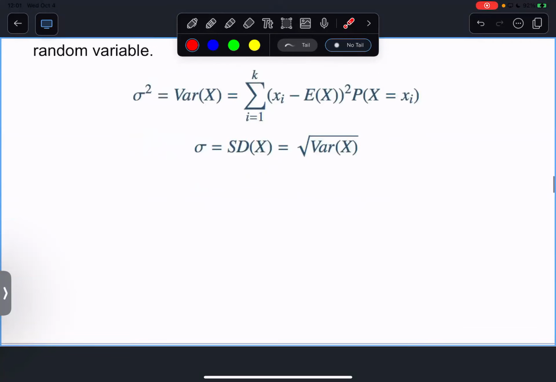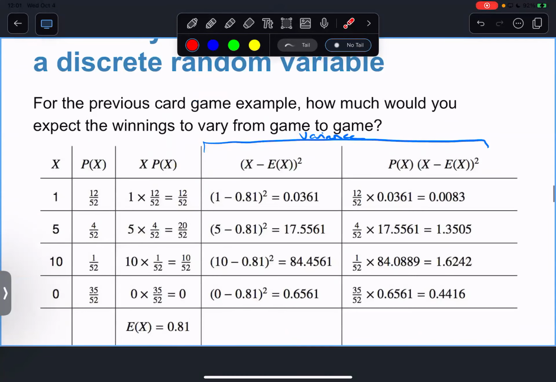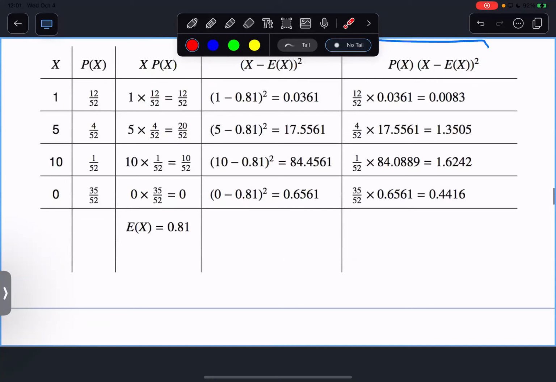So here they've done it in one. Take the outcome, subtract the mean, right? 1 minus 0.81, 5 minus 0.81, 10 minus 0.81, 0 minus 0.81, sorry. Scroll up. Then square it, right? That's important. Otherwise, you'll have negatives and they'll all add to 0 and it makes a mess.